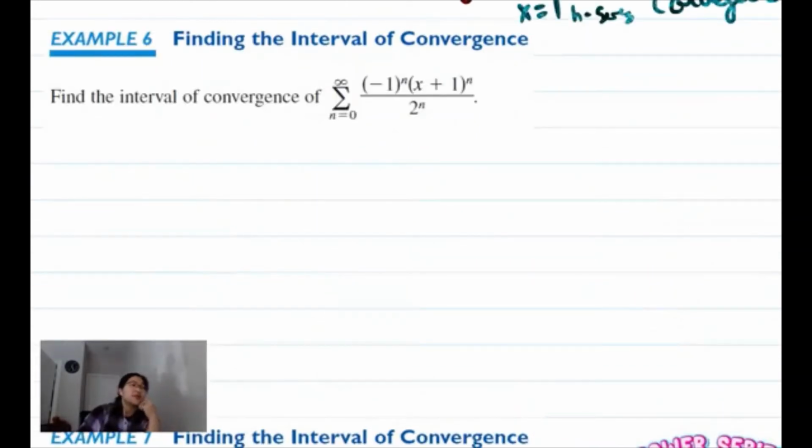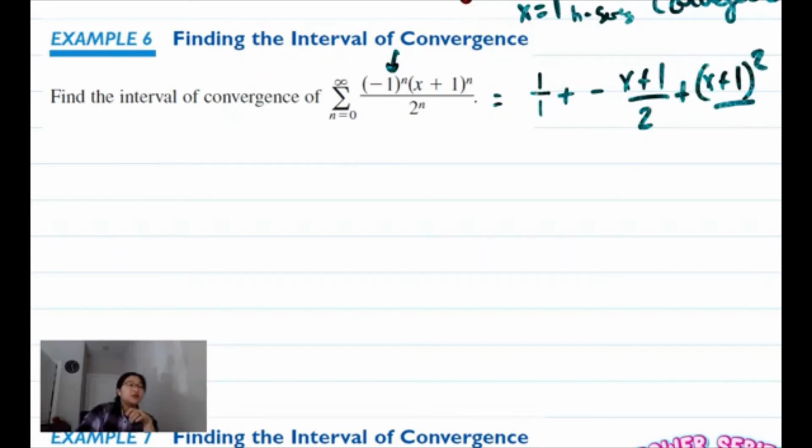So let's see, what's happening here? We have an alternating series, and what is this going to end up having? (x+1) over 1, so that's just a 1, plus negative (x+1) over 2, plus (x+1) squared over 4, minus, and so on.